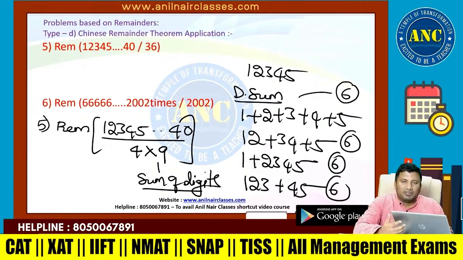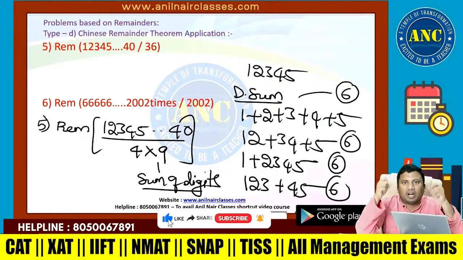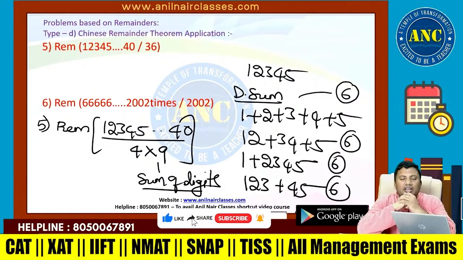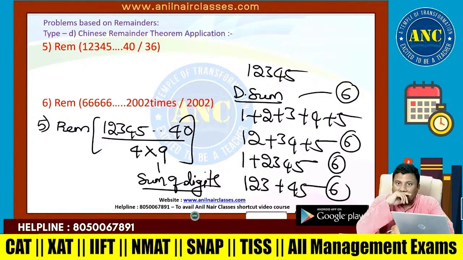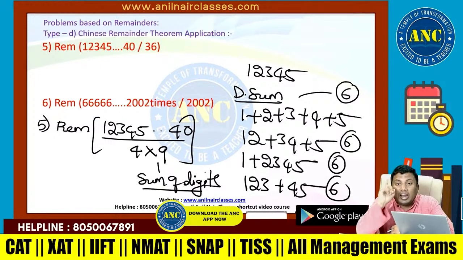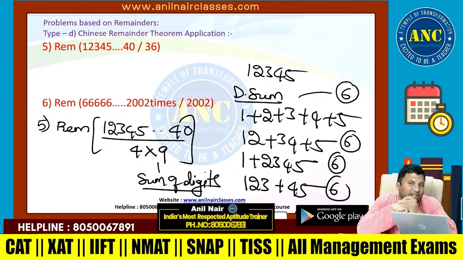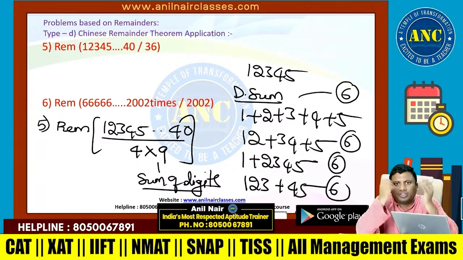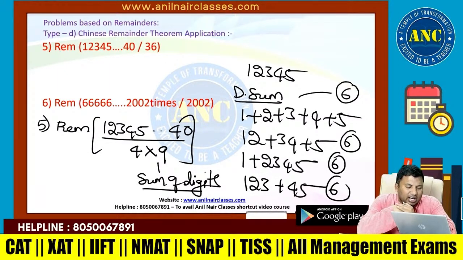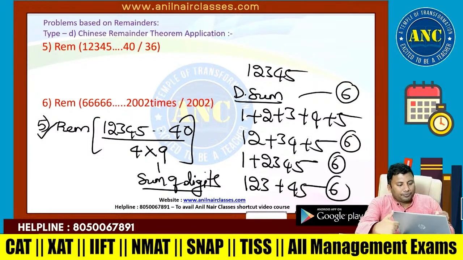In whatever order the digits are added, the digital sum does not get affected. If you add 2 digits at a time or 3 digits at a time, the digital sum is not affected. I hope his doubt is clear to you.